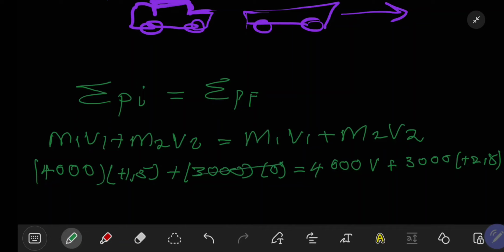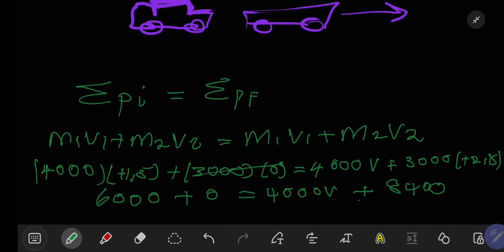When you punch this on your calculator, it gives you 6,000 plus 0, which equals 4,000 v plus, and when you punch this on your calculator, you get 8,400.